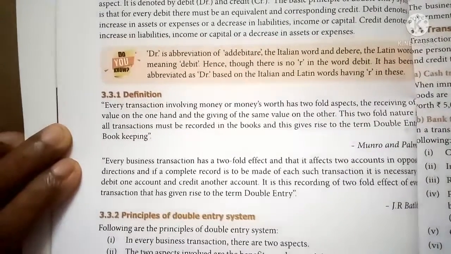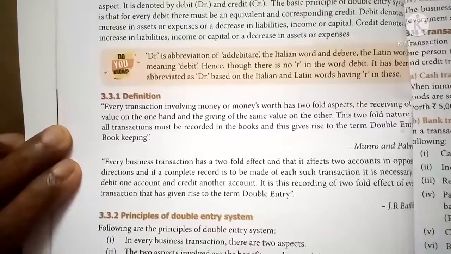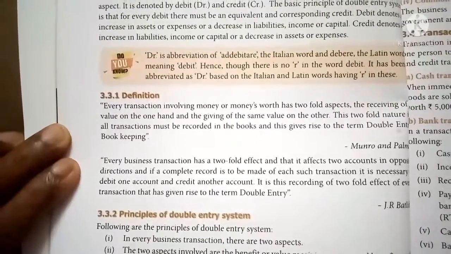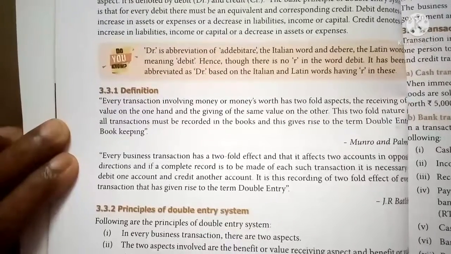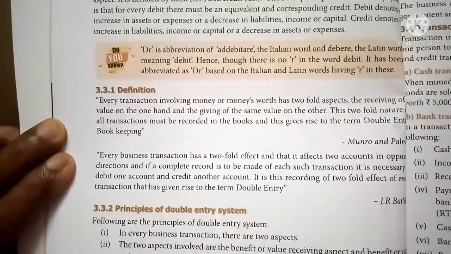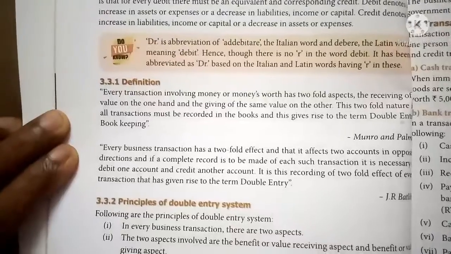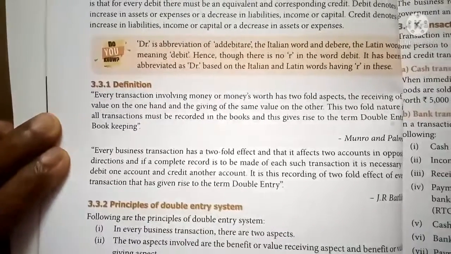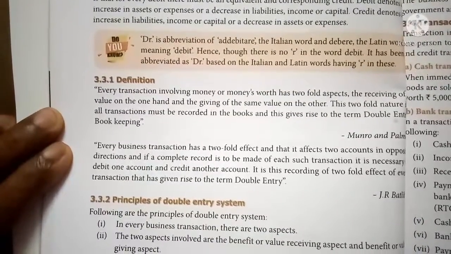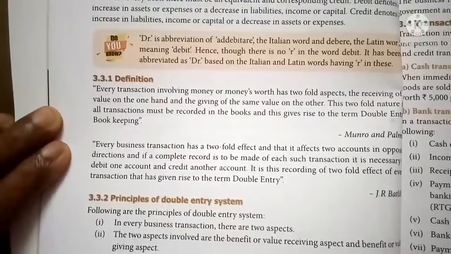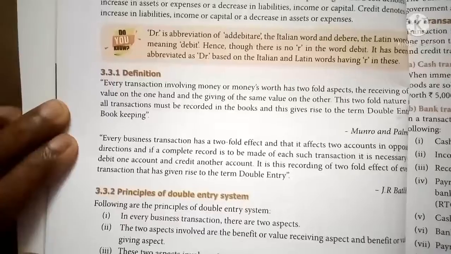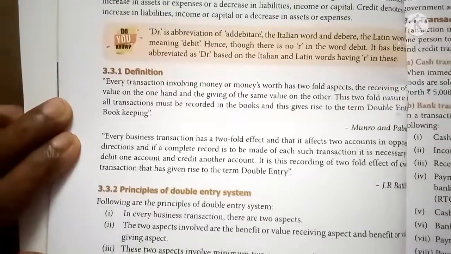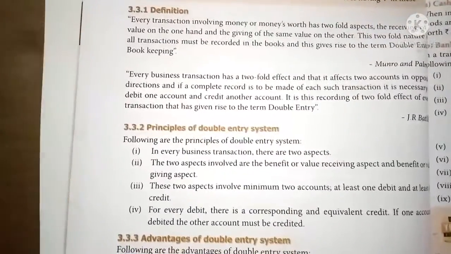Every transaction has a twofold effect and affects two accounts in opposite directions. If a complete record is to be made of each such transaction, it is necessary to debit one account and credit the other account. It is this recording of the twofold effect of every transaction that has given rise to the term double entry system.